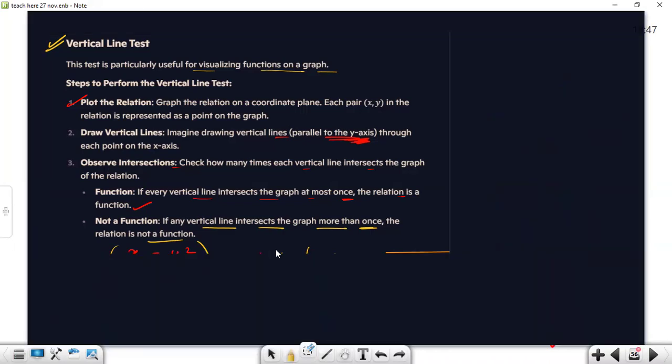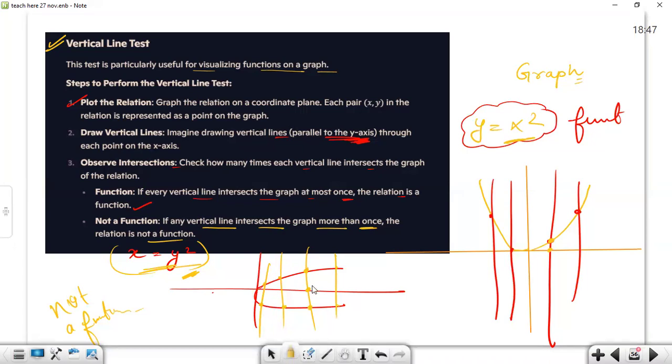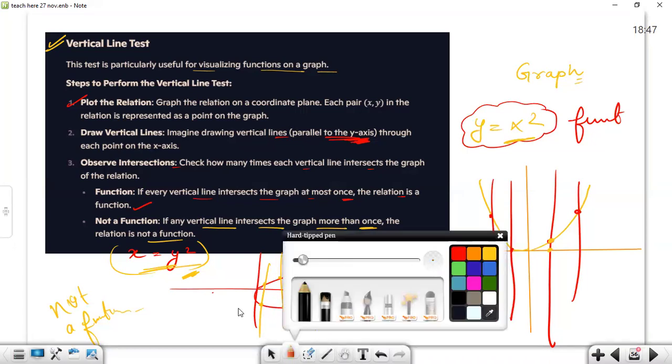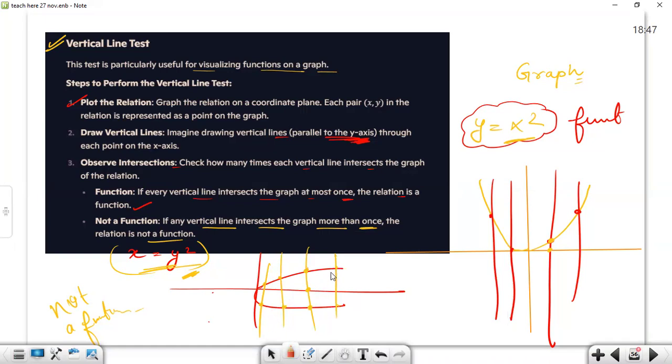Okay. So why is it not a function? If a vertical line is intersecting the curve more than once, then it's not a function. Now, what's the reasoning behind it? Because for this particular value of x, let's say this is 2.